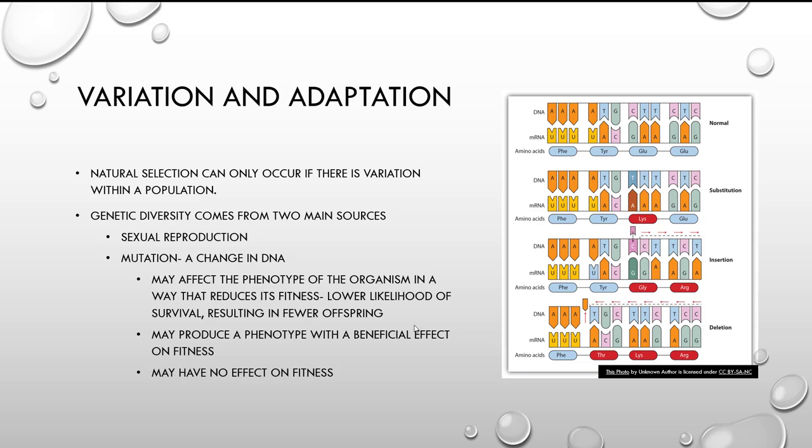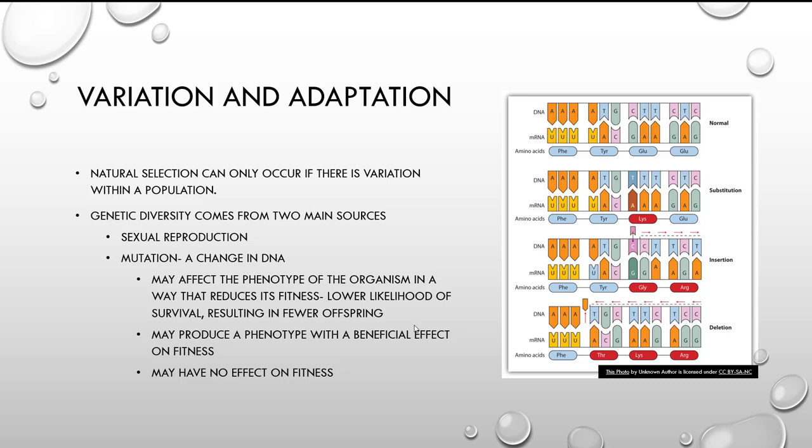All right, so let's talk about variation and adaptation. So natural selection can only occur if there is variation within a population. And by the way, that variation has to be genetic, okay? So you can't deal with variation that doesn't have anything to do with genetics. So for example, if you get a tattoo, obviously that tattoo is not going to be passed on to your child, okay?